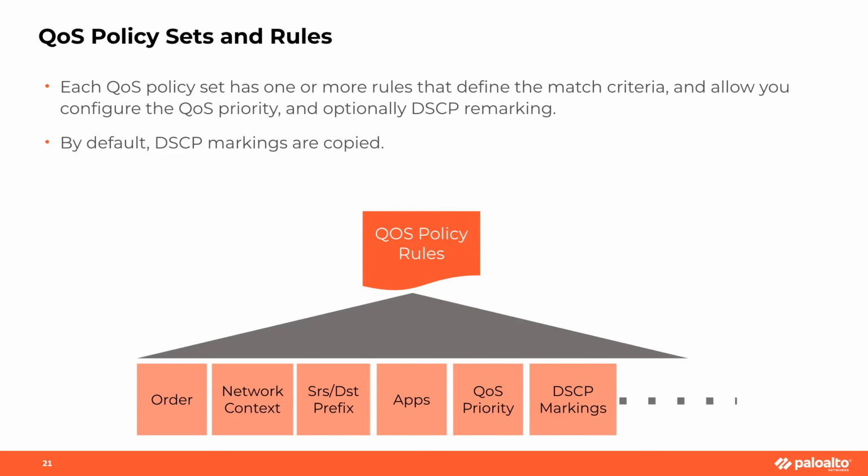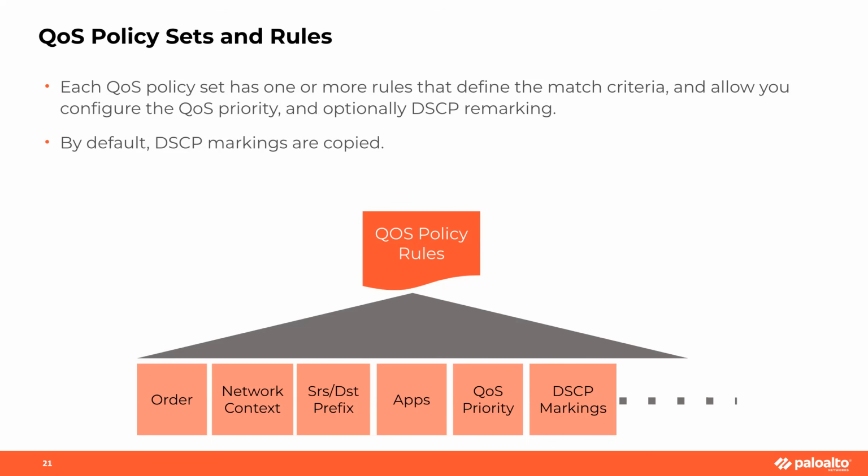Based on the QoS priority that we're given, the traffic will be given the appropriate priority. Within each of these main platinum, gold, silver, and bronze groups, we have subgroups for different types of traffic, so we can give different priority to real-time traffic or bulk traffic within each of those priority groups.